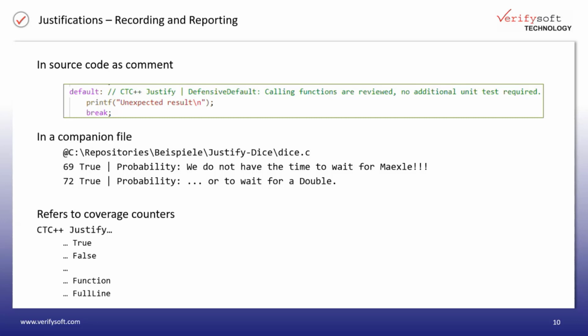The type I talked about: first, we refer justifications always to coverage counters. We can think about different features. It could refer to parts of the code or to lines or whatever, but we want to assign them to counters, and you have to give some type.